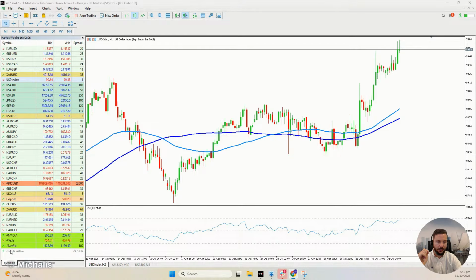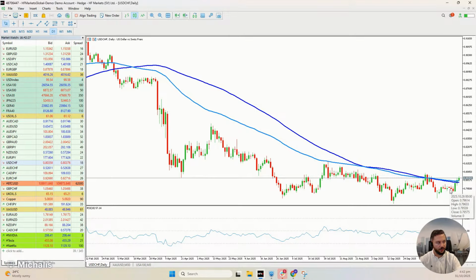Now, of course, this also depends on the day that we're checking it because the Swiss franc is battling with the euro as the best performing. But if we look at the Swiss franc on a larger time frame, we can see that the US dollar is extremely cheap against the Swiss franc.